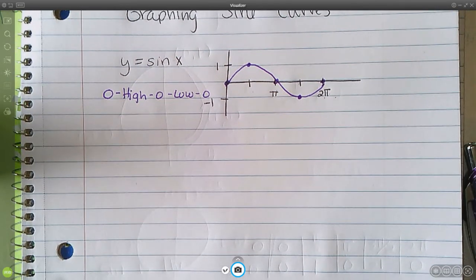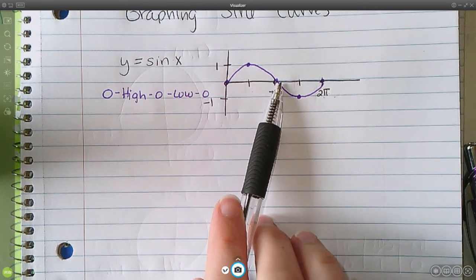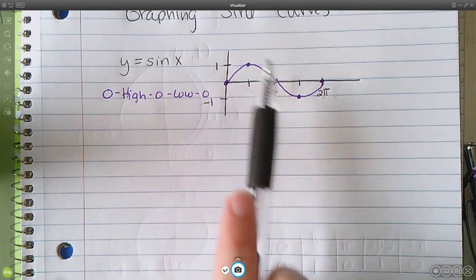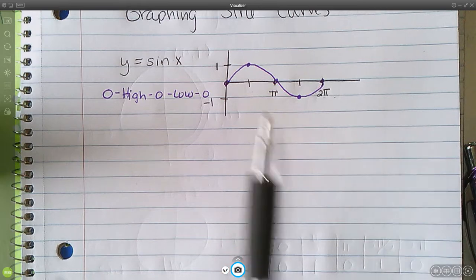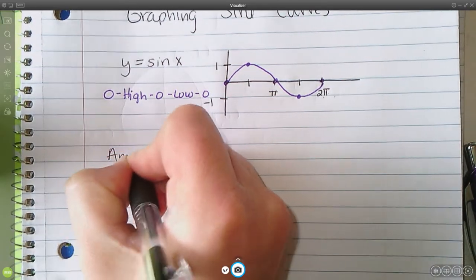All right, so now we have to talk about how we can shift this up and down and how we can stretch it. So like this point would maybe be up here and this point would be down here. So let's first start with something that's called the amplitude.